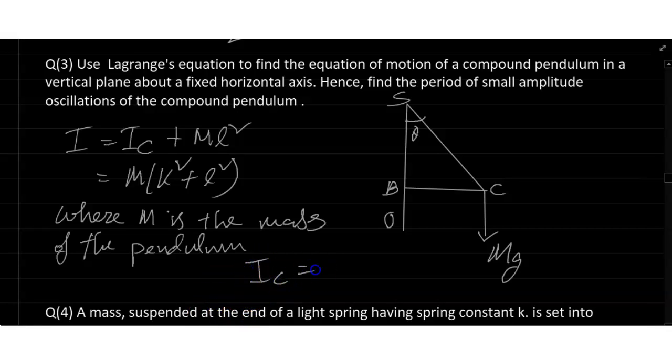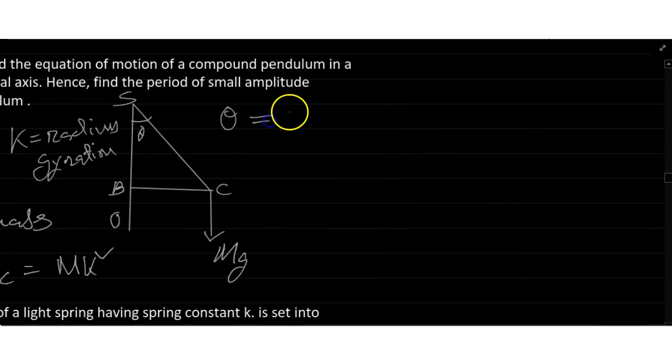So IC is equal to M K square, where K is the radius of gyration. Theta is the instantaneous angle.